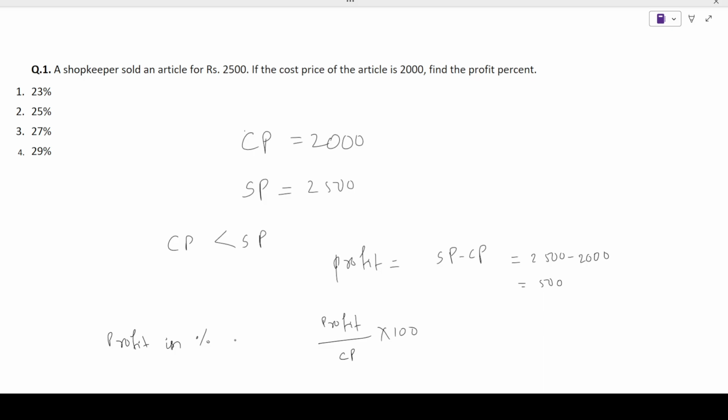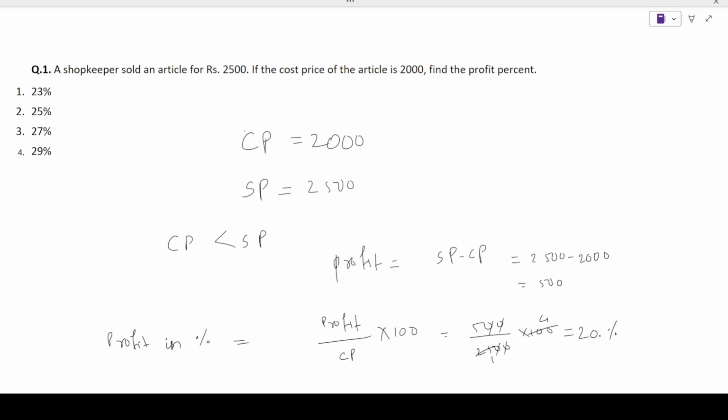So we have found the profit is 500, cost price is 2500 into 100.